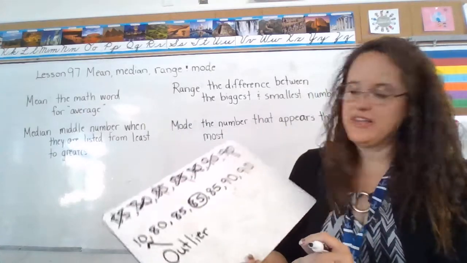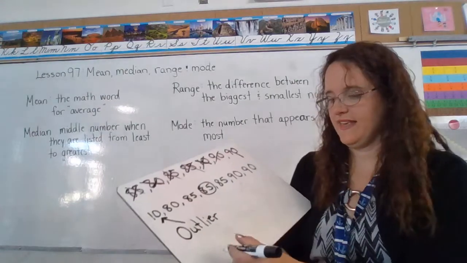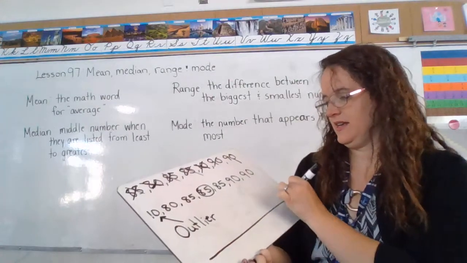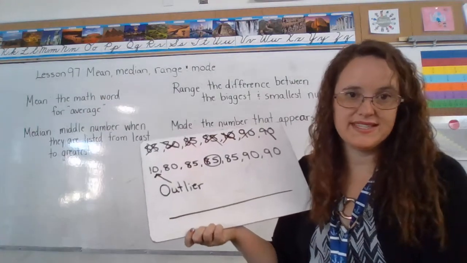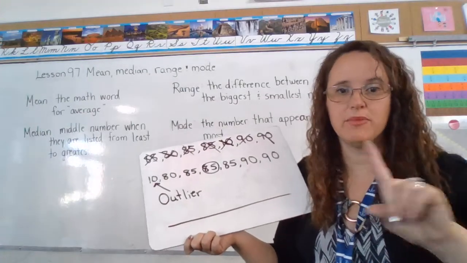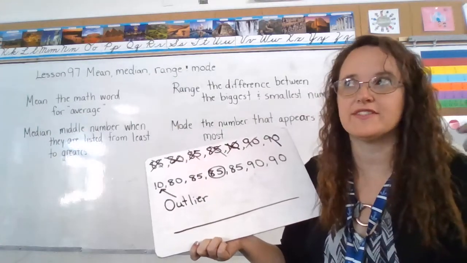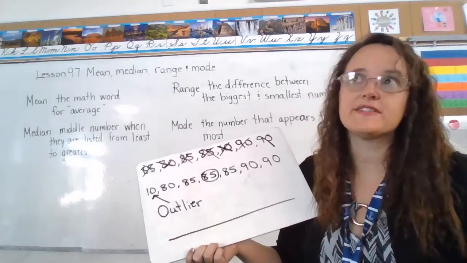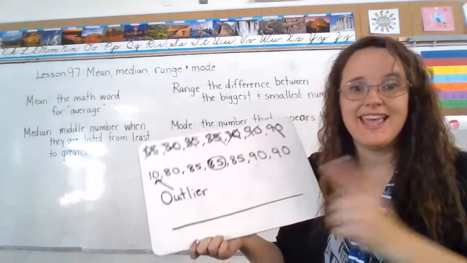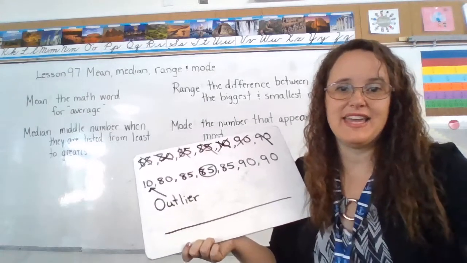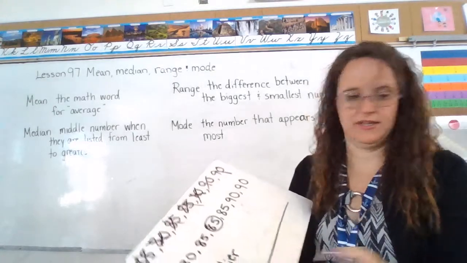All right, there is a way that they want us to show this data. So you guys have done bar graphs, you've done pictographs, you've done circle graphs, you've done line graphs. This is called a line plot.